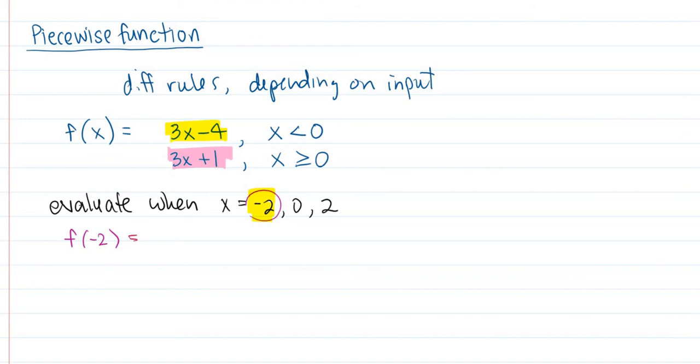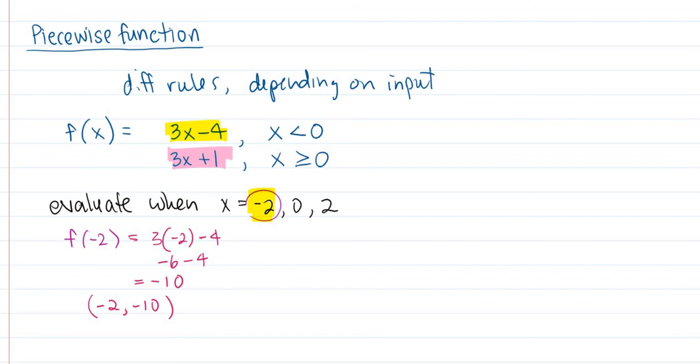So let's go ahead and plug that in. 3 times -2 minus 4, that gives us -6 minus 4, so that gives us -10. So we would have the coordinate pair, -2, -10. Okay, let's look at the next one, 0. Which of these rules would you follow if you're plugging in 0?